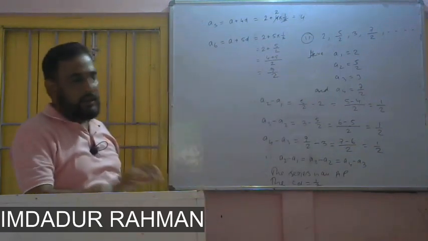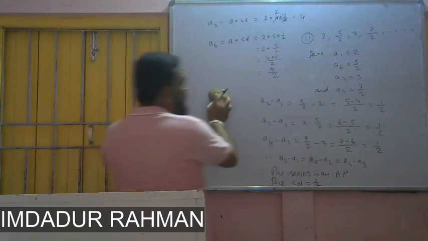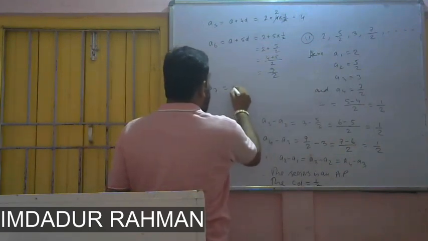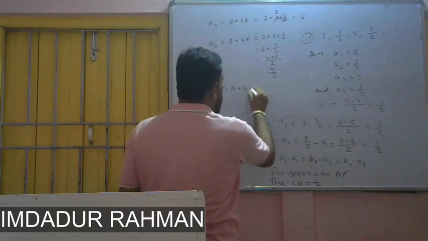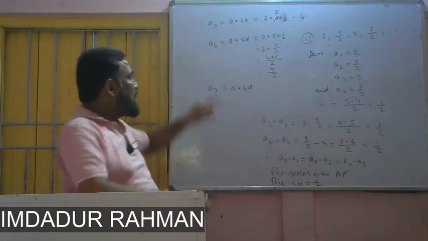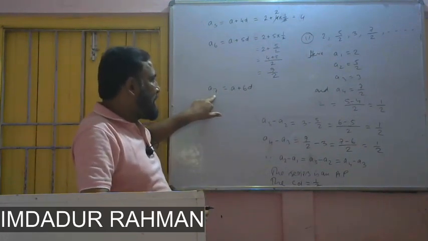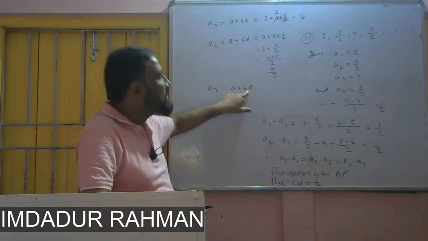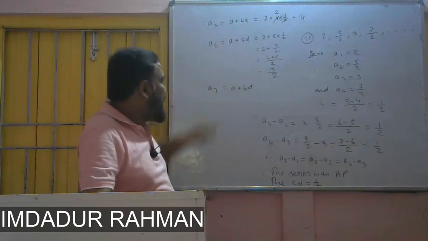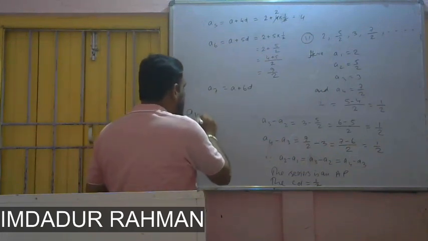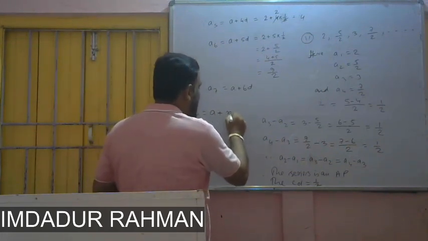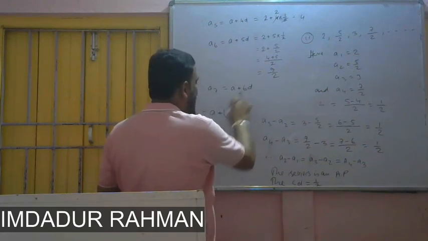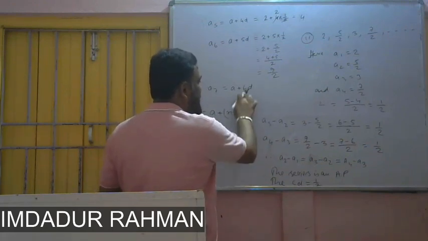Okay? Then we have to find one more term, that is A7. A7 is equal to A plus 6D. Again repeating, A7: A plus 7 minus 1, that is 6D. AN is equal to A plus N minus 1 times D. So A7 is equal to A plus 6D.